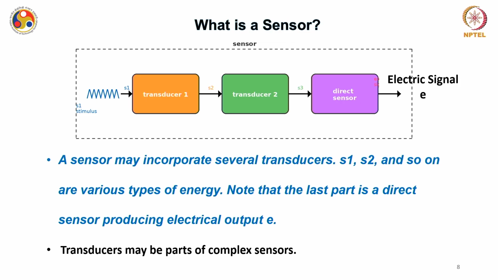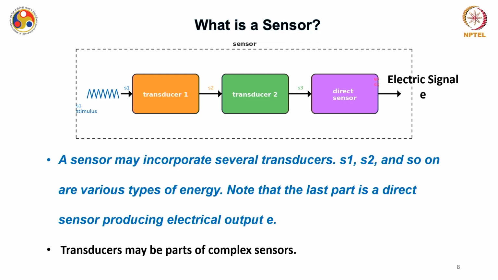Okay. So if I have to define a sensor, that we have already done very briefly. Okay, in the broader sense, complex sensors can incorporate multiple transducers, that we have just seen as an example of, say, input transducer and output transducer. If you talk about the sensor in general, the complex sensors may have multiple transducers.